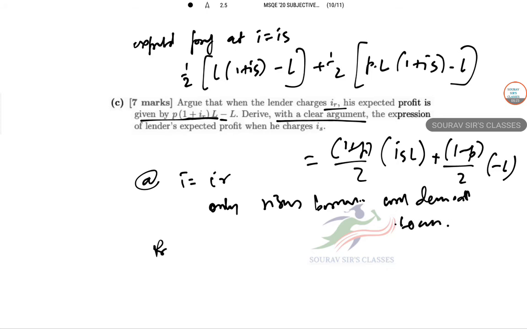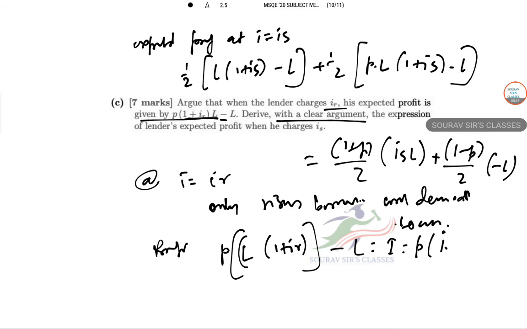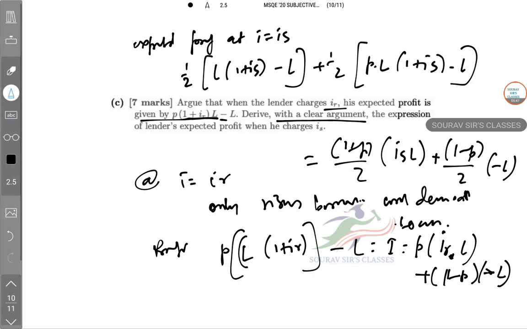So profit equals P into L plus IR minus L, which is P IR into L plus 1 minus P into minus L. That's it.